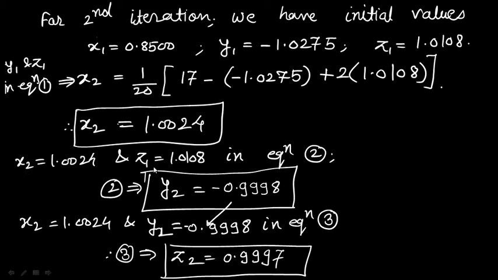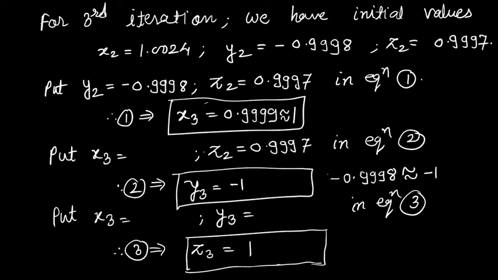Similarly, x2 and z1 are substituted in equation 2 to find the y2 value, and x2, y2 in equation 3 to find the z2 value. In this way, we find x2, y2, z2 and we use these values for the third iteration as initial values. We continue this process till we get the values of x, y, z to the desired accuracy.